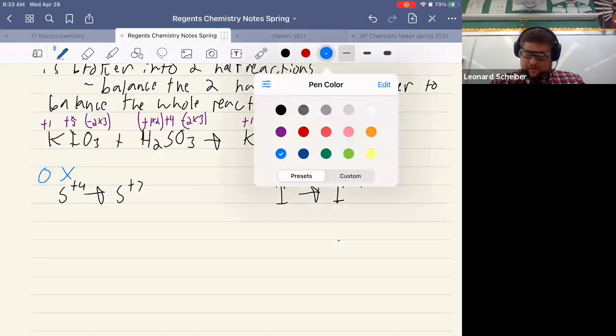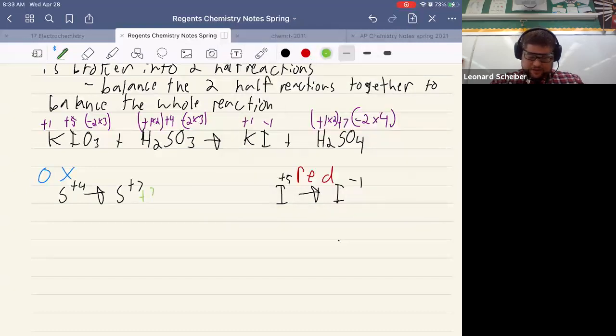So I'm going to add 3 electrons right there, because that'll make a +4 on each side. On the reduction half, I have a -1 on the products. I have a +5 in the reactants. So I need to add 6 electrons over here. That way we have balanced by charge, okay?